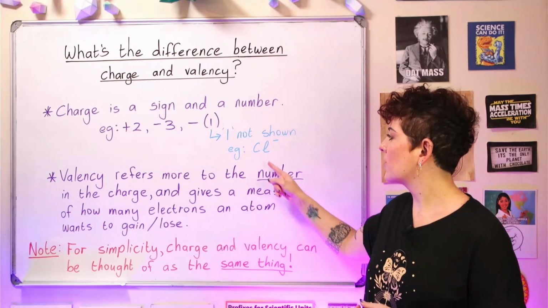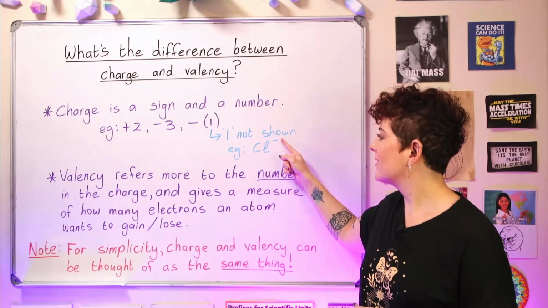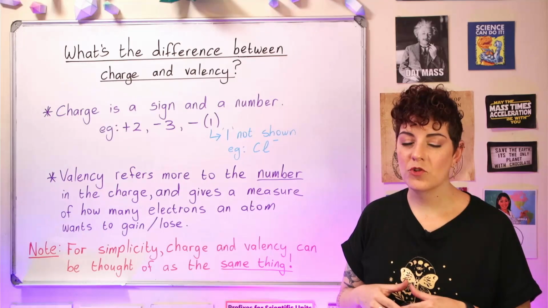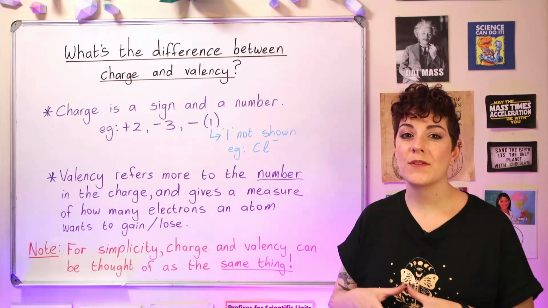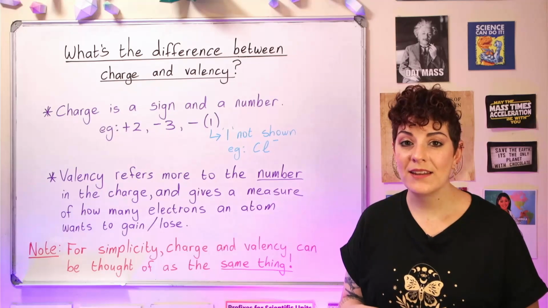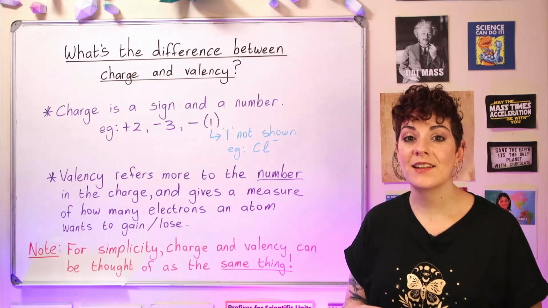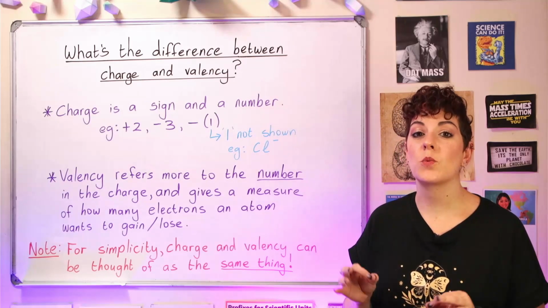For example, the chloride ion Cl-, its charge is -1, but we only show the minus, not the 1. Right, so charge is a sign and a number, and as we've seen, it shows us how many electrons were gained or lost. A negative charge indicates electrons were gained, and a positive charge indicates electrons were lost.